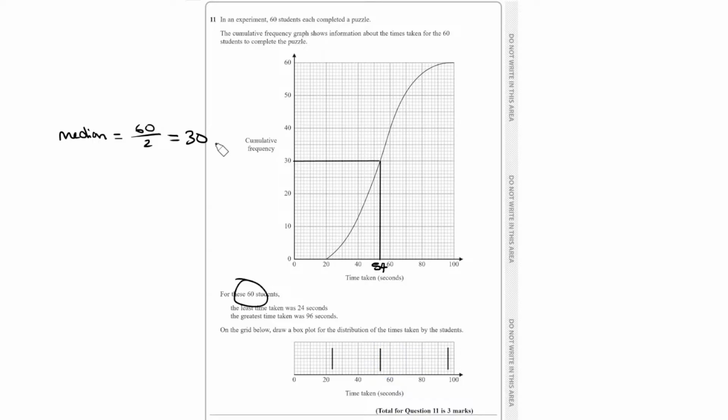And then for the upper and lower quartile, you do basically the same thing, but we want 1/4 or 3/4. So that would be 15 for the lower quartile. Always from the y-axis across and then down. So that one's 42.